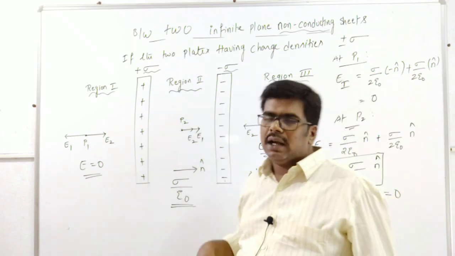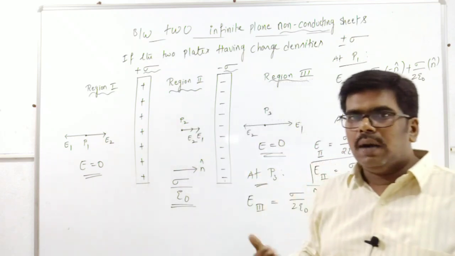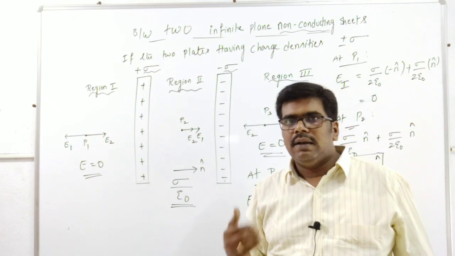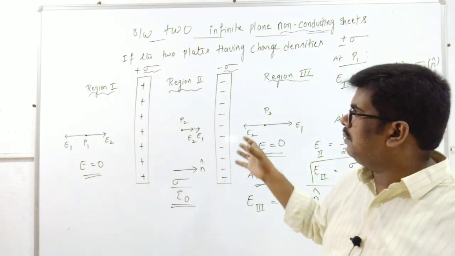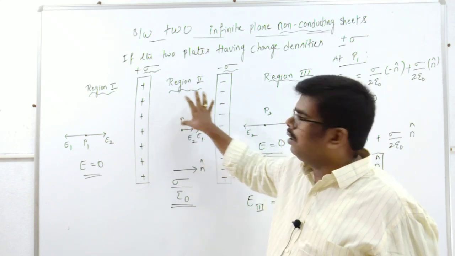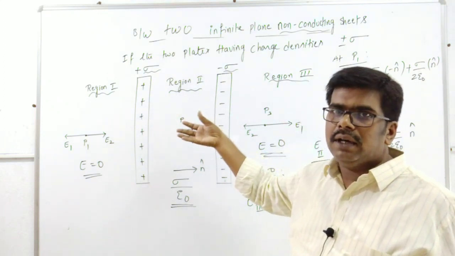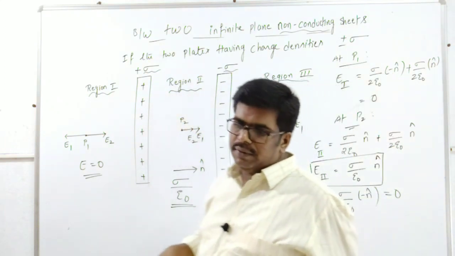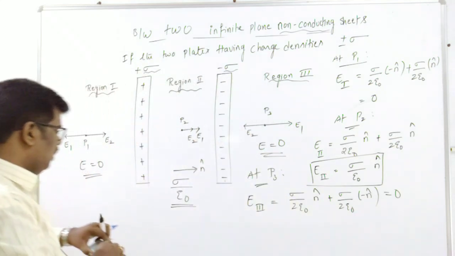But how do they acquire them, and how can we prove that? That will be discussed as the next concept.